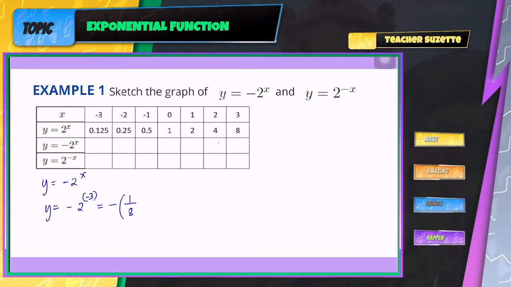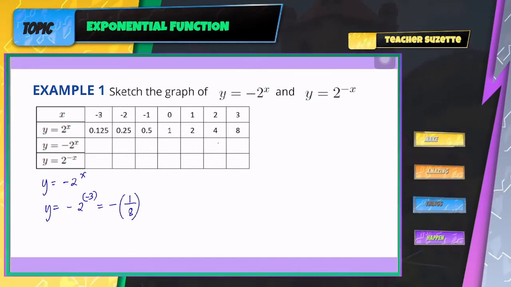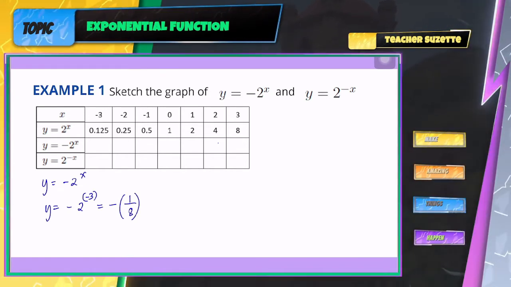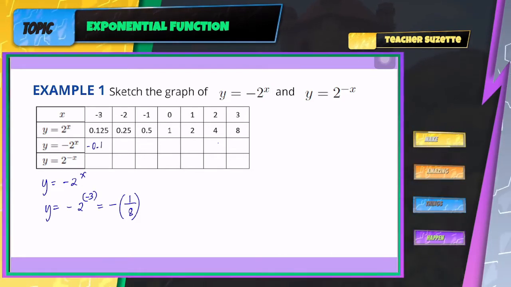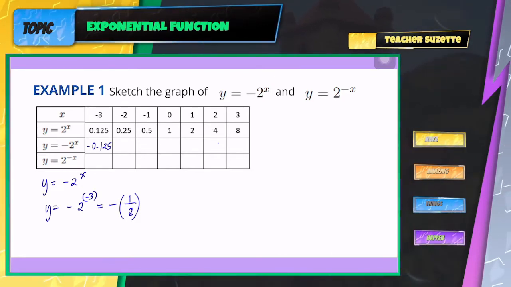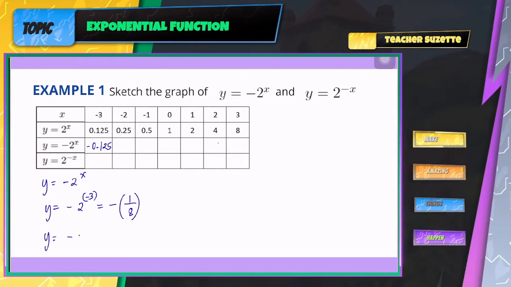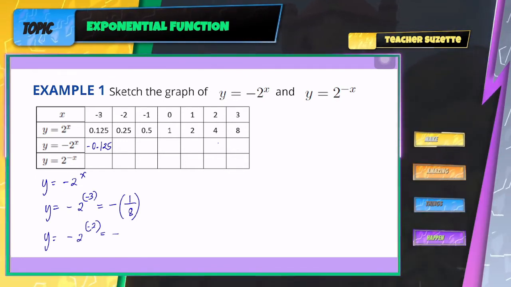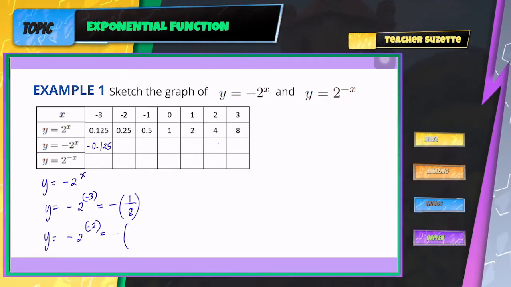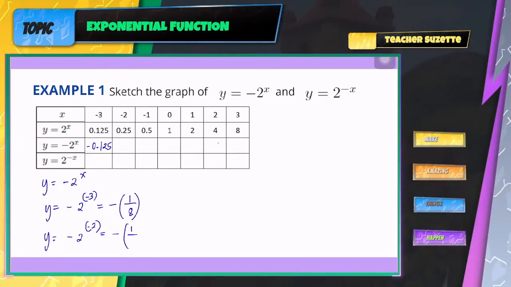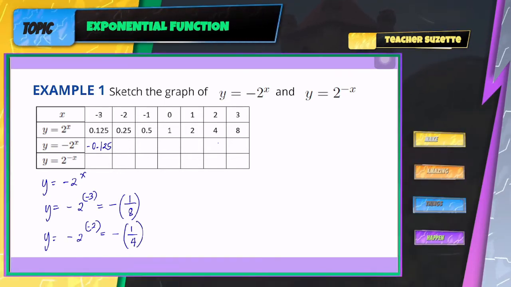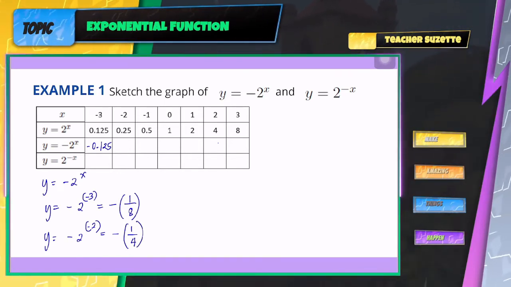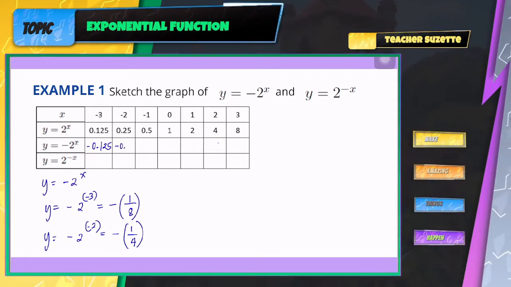So, you will have negative 1 over 8, or in decimal point, that is negative 0.125. Next, we have negative 2 raised to negative 2. So, get the reciprocal of 2 raised to 2. You will have 1 over 2 raised to 2, which is equal to 4. So, you will have negative 1/4, or in decimal point, that is negative 0.25.